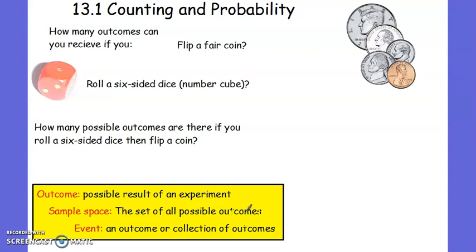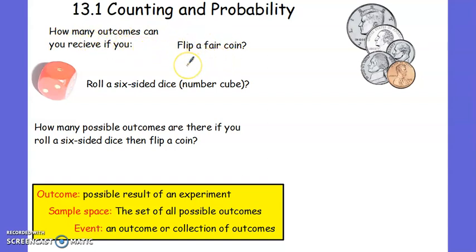Now, most of the time when we're talking about counting and probability, we're not that worried about what the individual outcomes are or what the sample space is. What we really want to know is what can happen when we do a certain event, like flipping that coin. An event is an outcome or a collection of outcomes. So how many outcomes can you receive if you flip a coin?